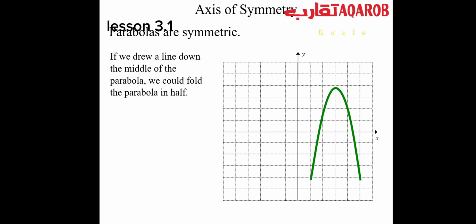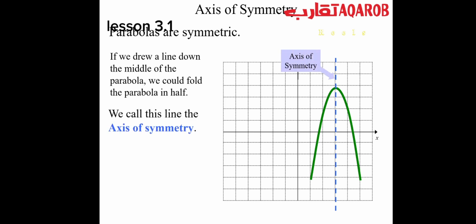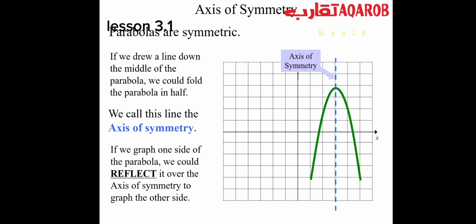Now, one of the characteristics of the parabola is the axis of symmetry. The axis of symmetry is a line that divides the parabola into two identical shapes exactly. If you look at it, you can see that the right side is exactly a reflection of the left side, or the left side is a reflection of the right side.